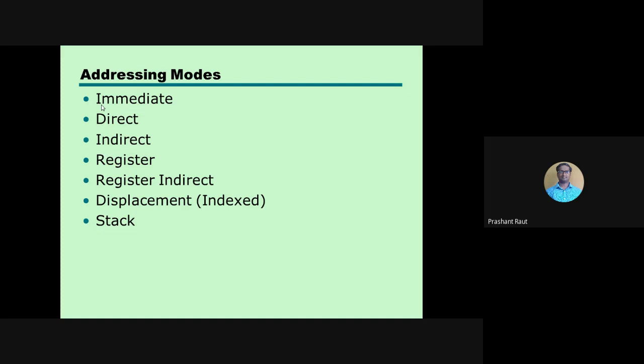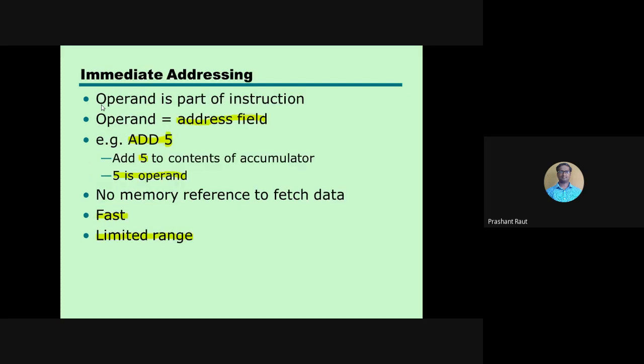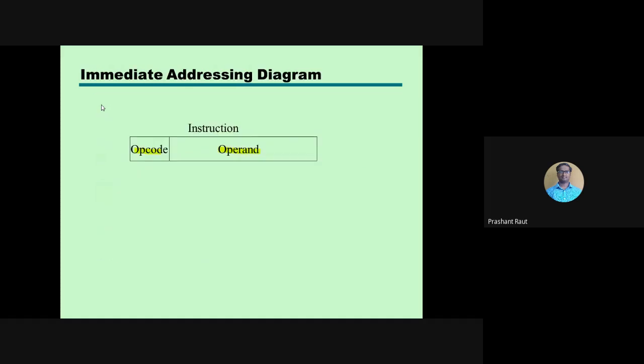Again, in indirect, the address mentioned in the instruction is going to be the pointer to the operand. So indirect makes use of the pointer concept. See here: in immediate, we have the operand available in the instruction itself.